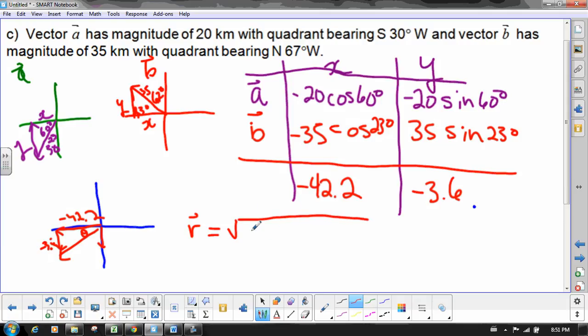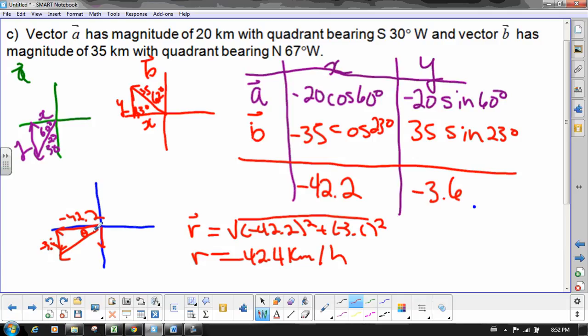So we get negative 42.2 squared plus negative 3.6 squared, which is going to give us 42.4 roughly kilometers per hour.